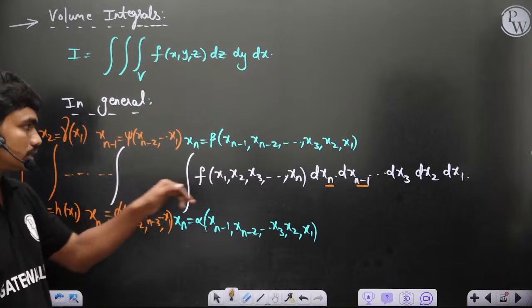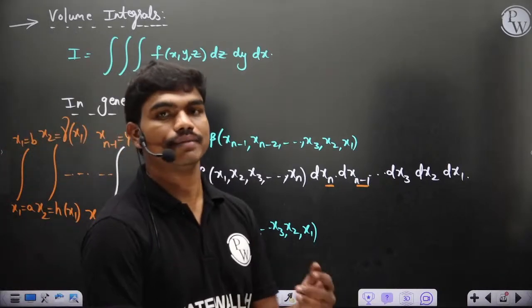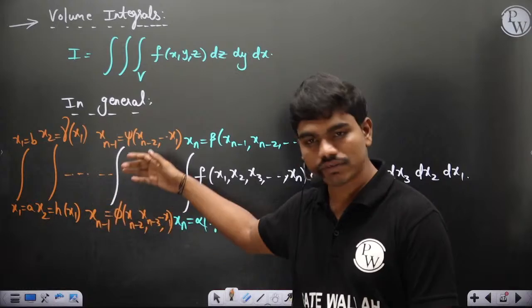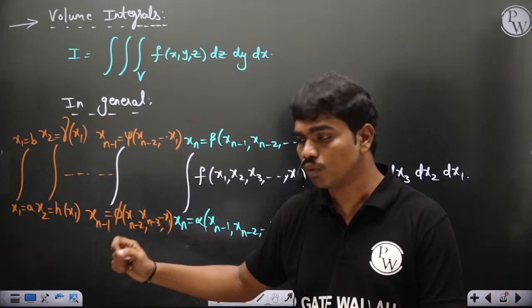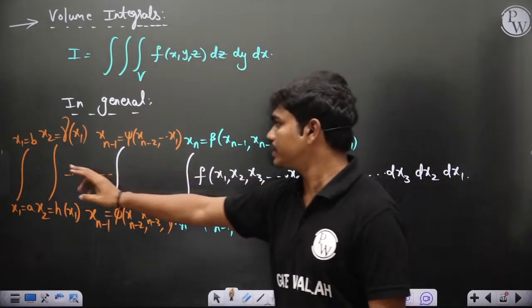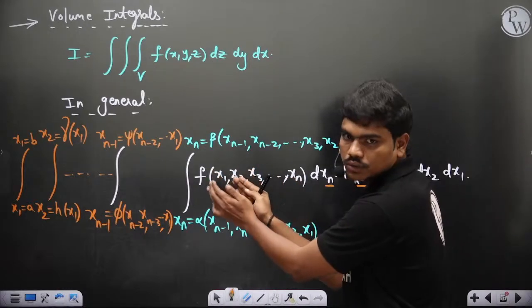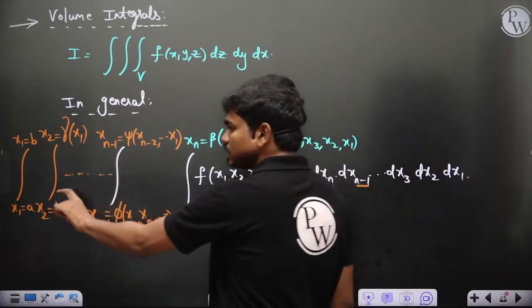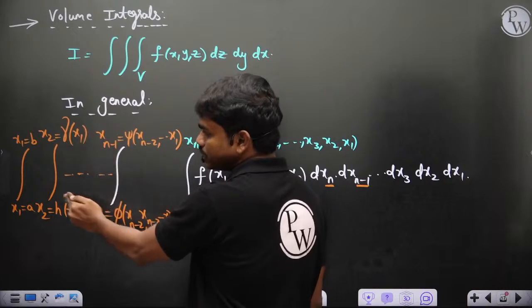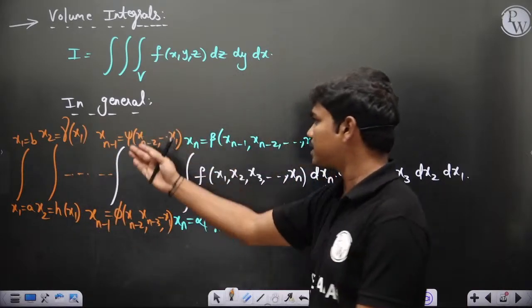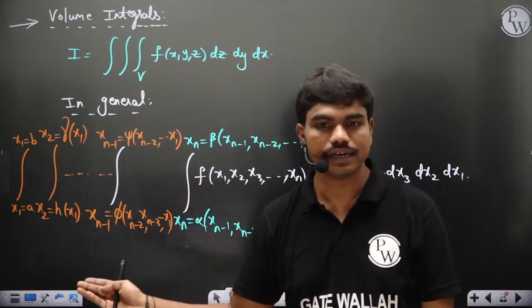So this is the general way of writing limits in an n variable integral. When we wrote it in two variables, we don't have all these things; we just have these two, and this function is also only of x1, x2. So we have written these functions in terms of the other variable, and written the constant limits at the end. But in general, this is how you can calculate an n dimensional integral.